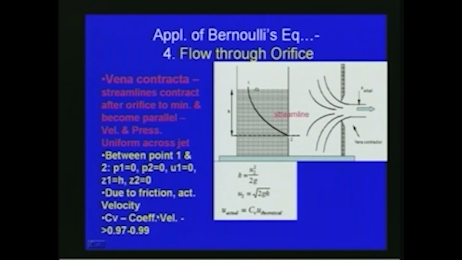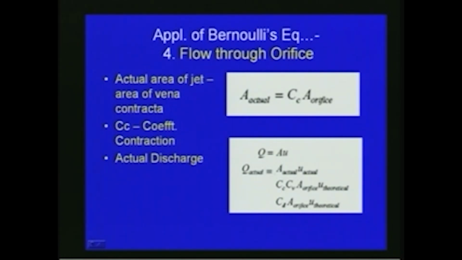This coefficient of velocity varies from 0.97 to 0.99 depending upon various conditions like orifice location, orifice diameter and other conditions. So the actual velocity is obtained as the coefficient of velocity multiplied by the theoretical velocity. So this is the flow through an orifice.